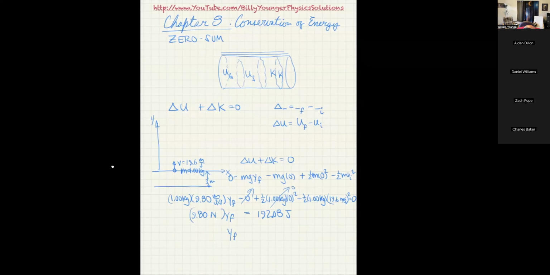So y final turns out to be 192.08 divided by 9.80, and I get 19.6 meters.